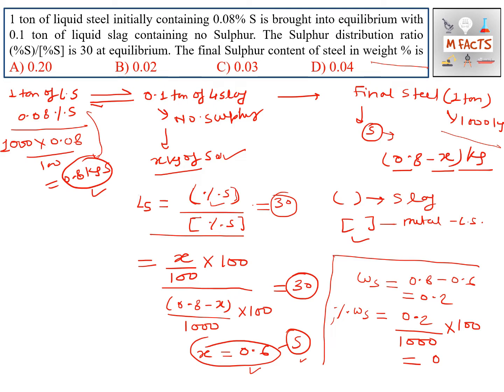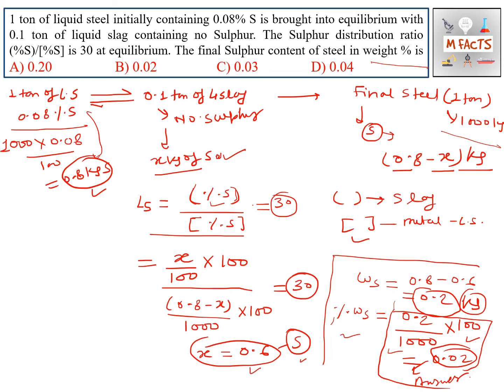So we get 0.02. This is the answer to this question. If they ask in kg, we write 0.2 kg. If they ask in percentage, we do this part also, 0.2 by 1000 into 100, to convert kg to weight percentage.